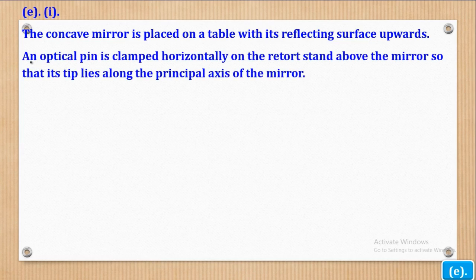Then we write that an optical pin is clamped horizontally on the retort stand above the mirror so that its tip lies along the principal axis of the mirror. So the tip must lie along the principal axis of the mirror.